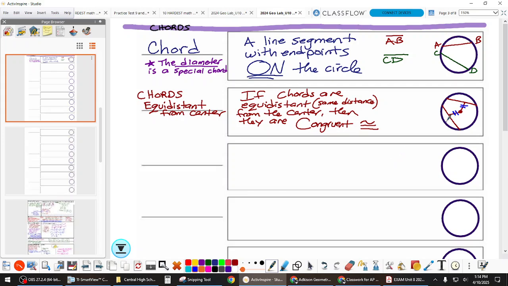Okay, so those are congruent chords because we better put some letters on here. So AB is congruent to CD, and we're showing that the distance from center is the same, although my picture isn't super good at showing it.